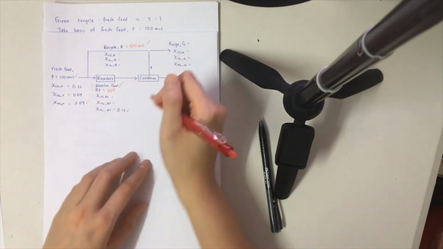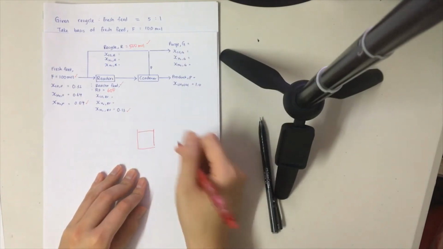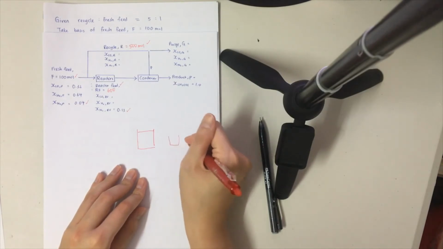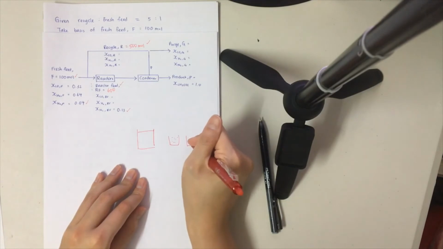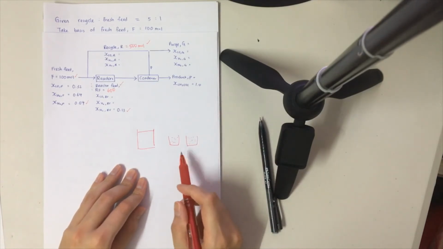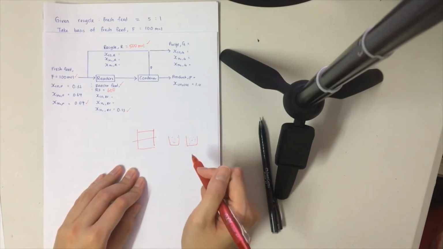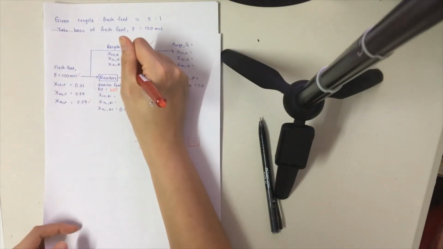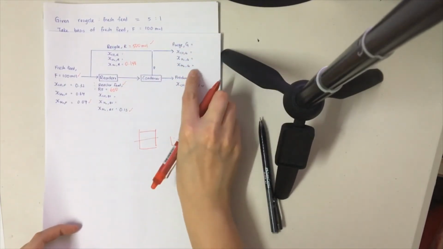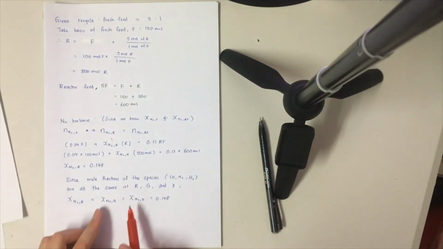Like, for example, you have a full glass of milk and you pour it into 2 small glasses, but the composition in there is still the same. You're just splitting it in half. So the composition is the same. Therefore, this one we found is 0.148, so this one over here is also 0.148.